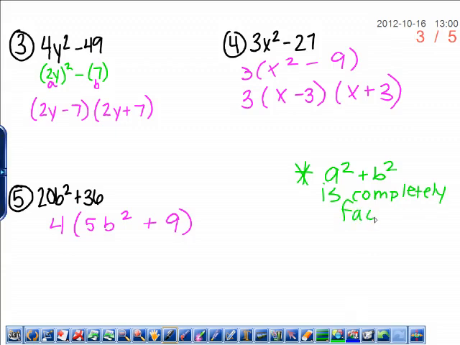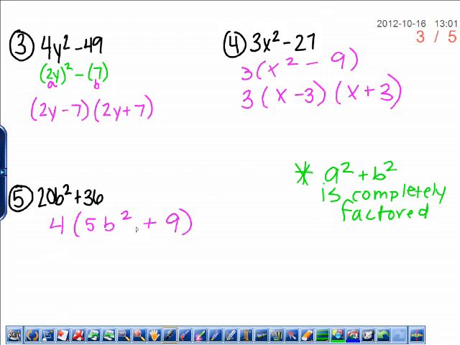Are we supposed to simplify it to factor it out, or should we just write it's completely factored? You can't simplify it. Oh, your answer to number 5 is 4 times 5b squared plus 9. GCF counts as part of factoring.